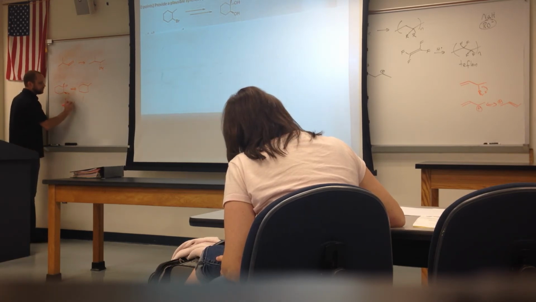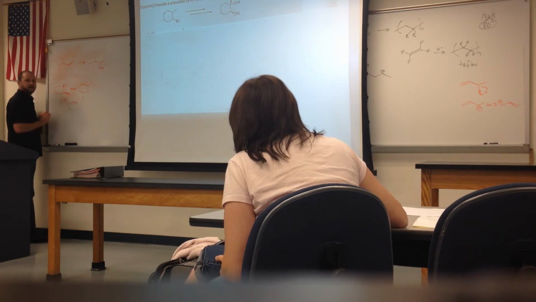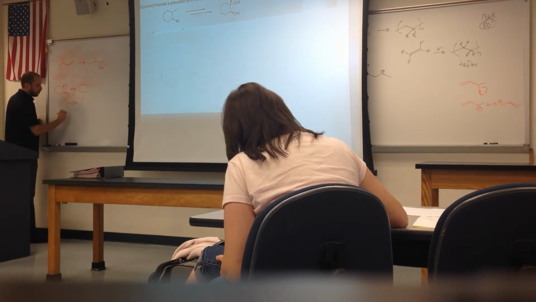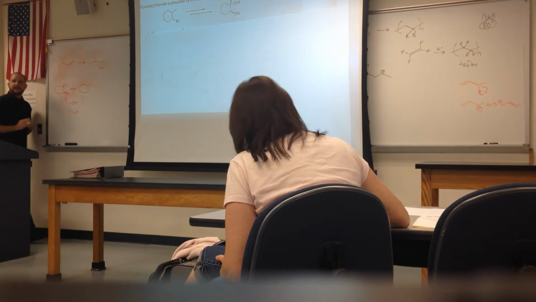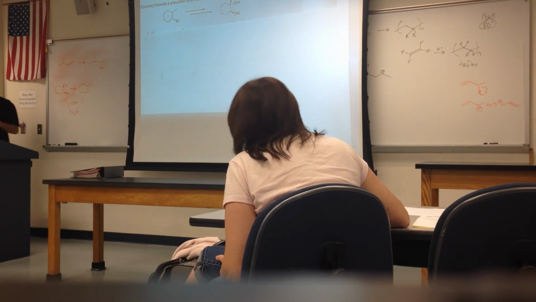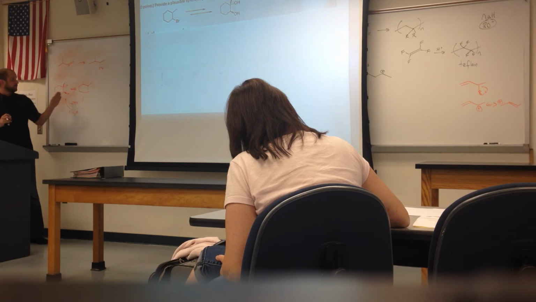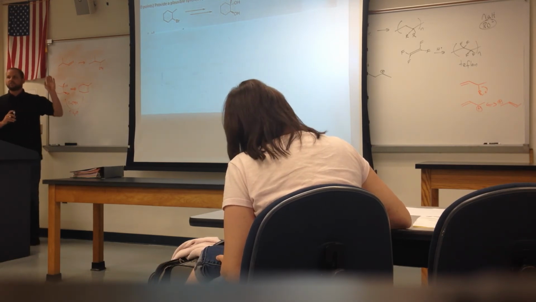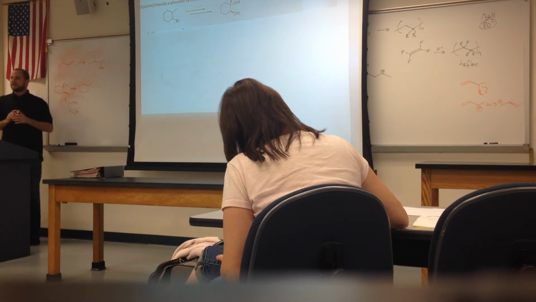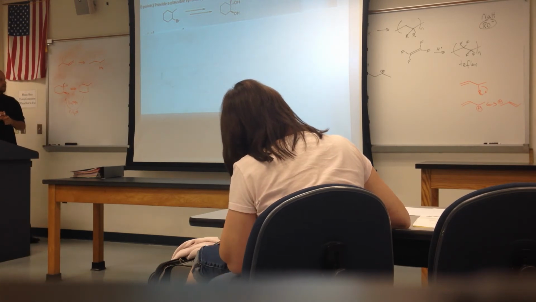You make the epoxide, and then you open the epoxide with acid. Remember, we learned how to make two different types of diols. Anti-diols, which are MCPBA followed by acid, or syn-diols, which is our osmium tetroxide.